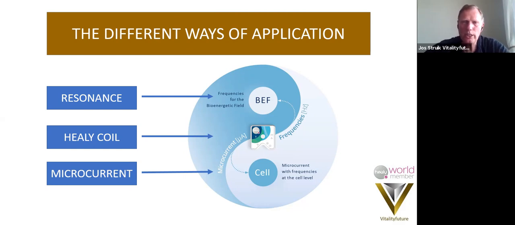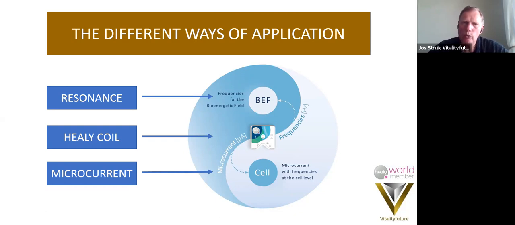And the energy is being applied to the cells to improve the energy production of the cell itself. When we improve the energy production of the cell, it means that the energy in our body, the information in our body, improves because the cells share the energy they produce.